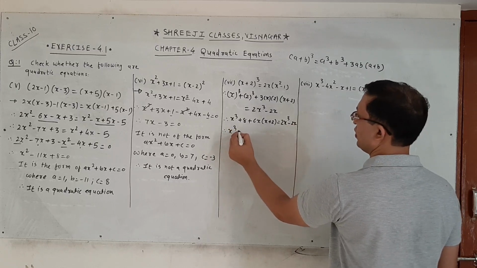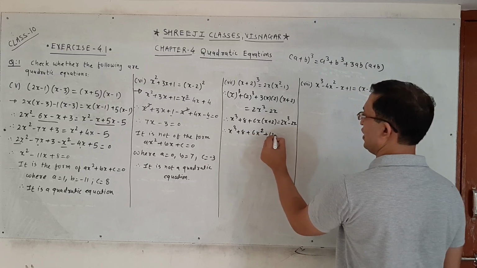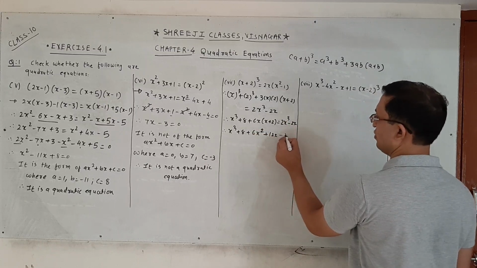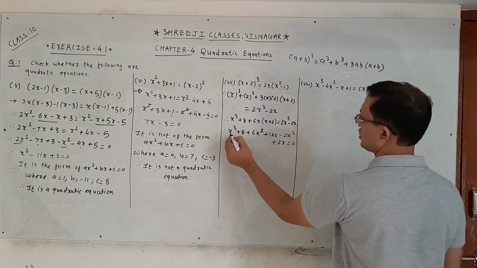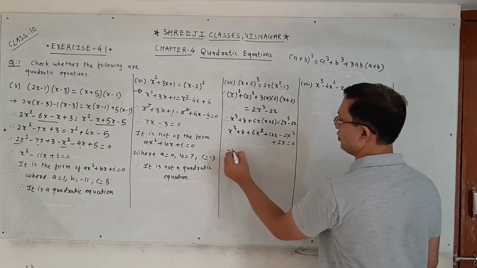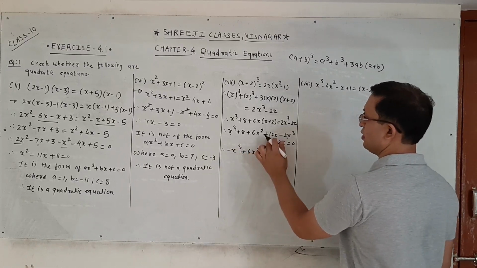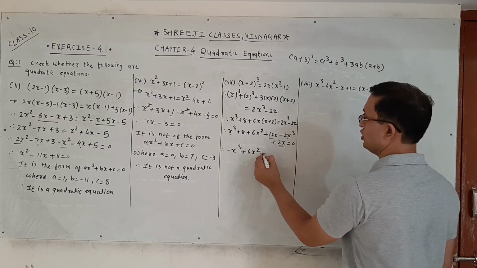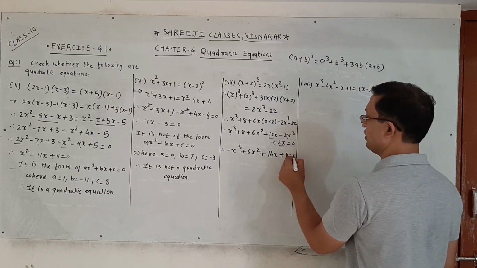Therefore x cube plus 8 plus 6x square plus 12x, transposing this term, minus 2x cube plus 2x is equal to 0. Here x cube and negative 2x cube, that is equal to negative x cube, plus 6x square plus 12x plus 2x, that is equal to 14x, and plus 8 is equal to 0.